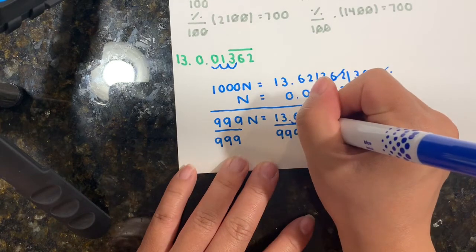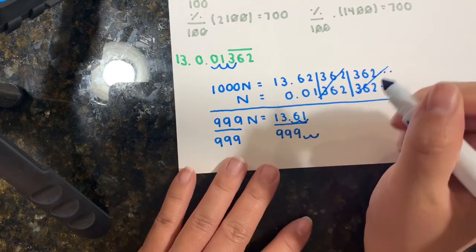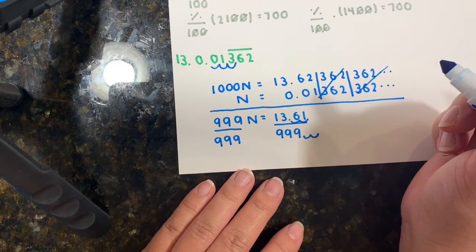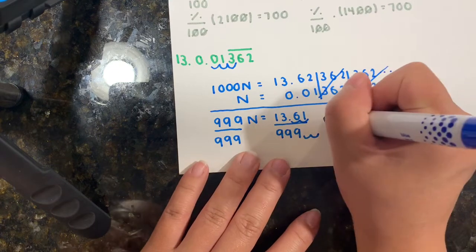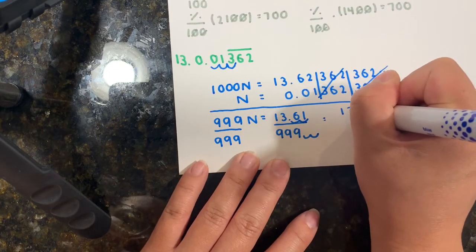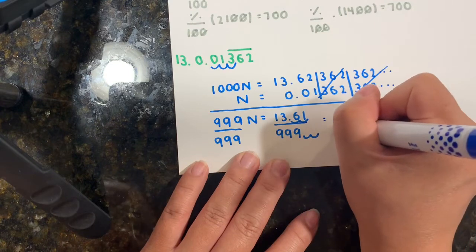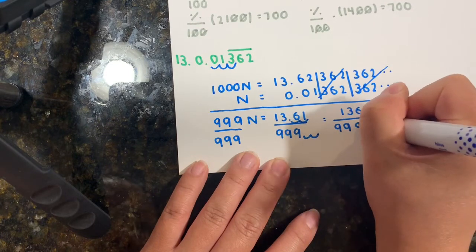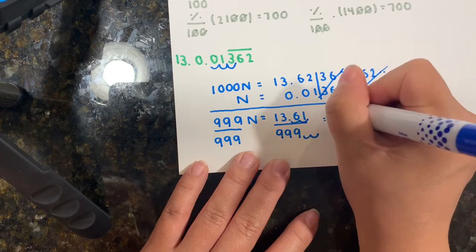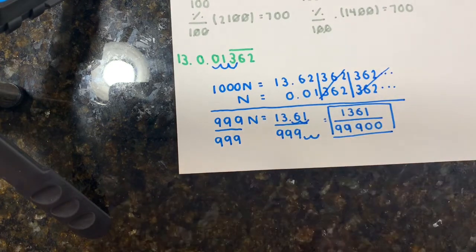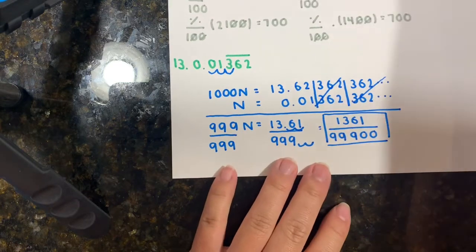So you're going to move the decimal over two spaces, so that you are going to end up with 1,361 over 99,900. And that concludes number 13.